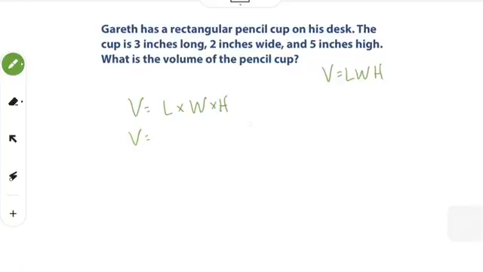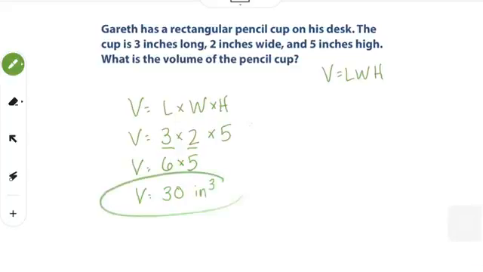V equals, it is 3 inches long, 3 times 2 inches wide, times 5 inches high. V equals 6, because we're doing that, times 5. V, which is volume, equals 30 inches cubed is our answer.